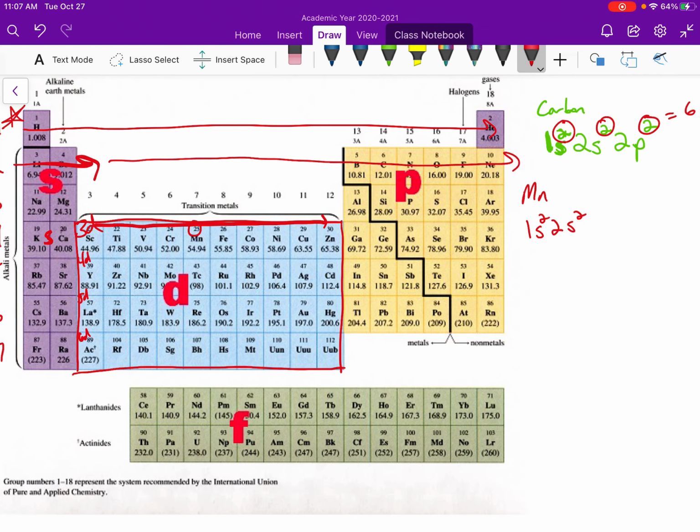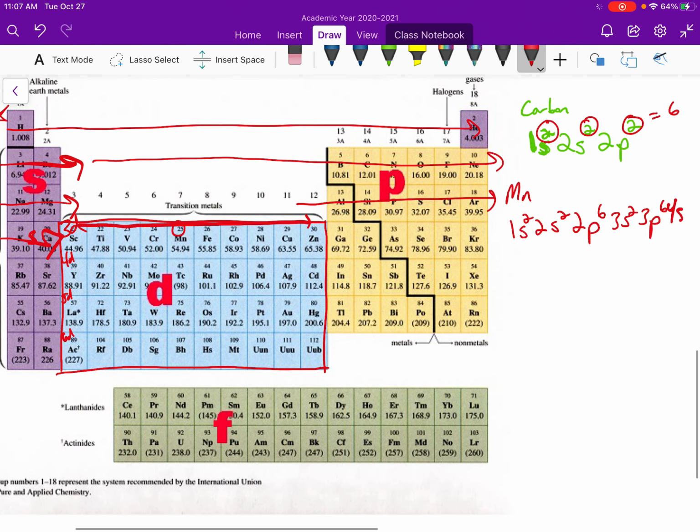Come down here. 3s2, 3p6, 4s2. And now I'm into the blue part, the D part. So even though I'm in row 4, I'm actually in 3d, 1, 2, 3, 4, 5. 3d5.